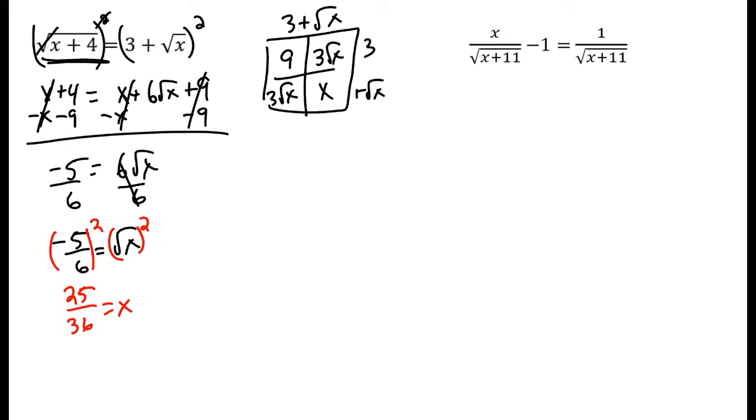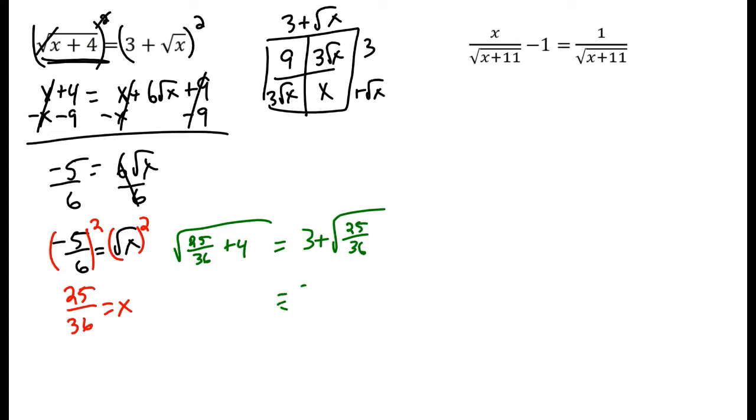I need to check, is 25 over 36 a solution to that original equation up there, so we need to plug it in. So I get the square root of 25 over 36 plus 4 equals 3 plus the square root of 25 over 36.